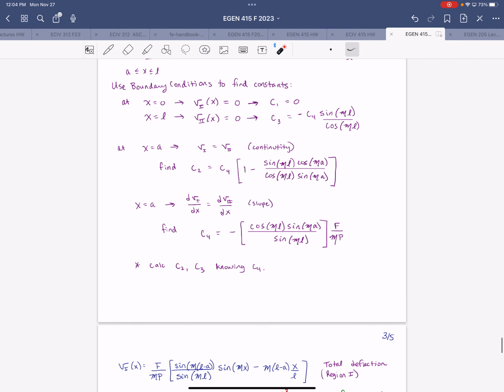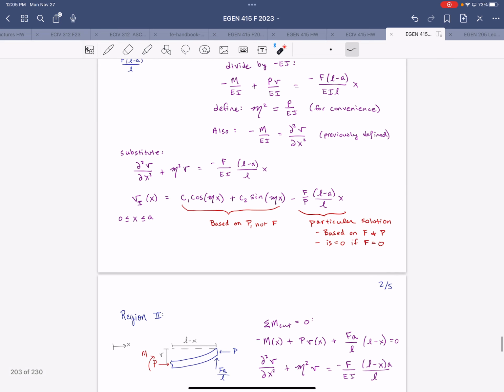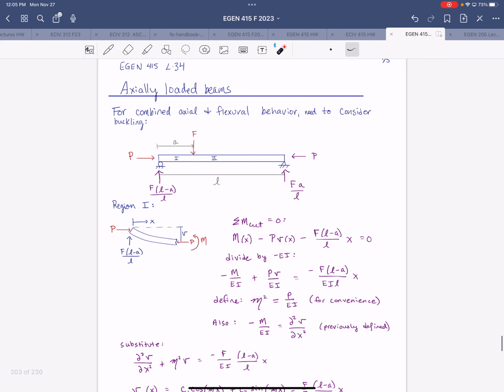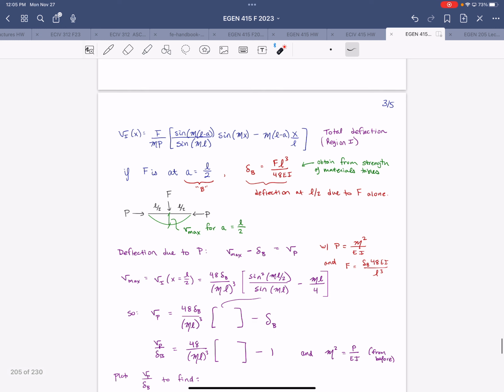And then we went through and calculated the constants associated with the solutions to obtain this equation for the total deflection in region 1. Region 1 was defined as the portion of the beam between the left end and the applied transverse load. We would have a similar equation for deflection in region 2.